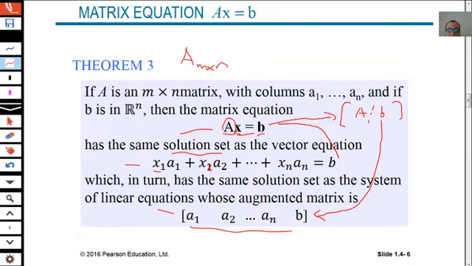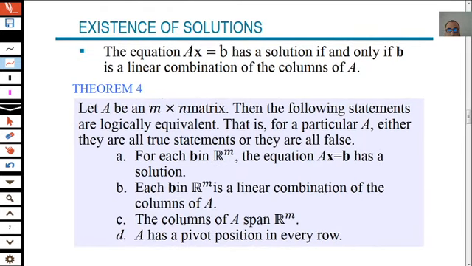This means that if we have a solution for the system, namely if you find the values of the variables x1, x2, ..., xn, then b is written as a linear combination of the columns of the matrix A. Therefore, if we find this answer, we also find the solution of the matrix equation.